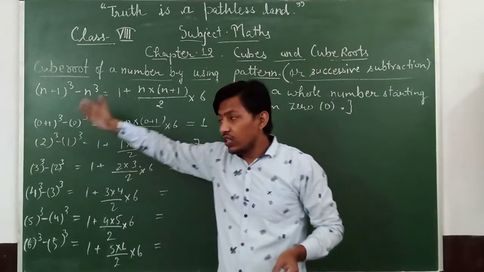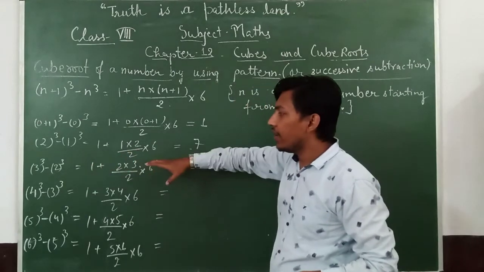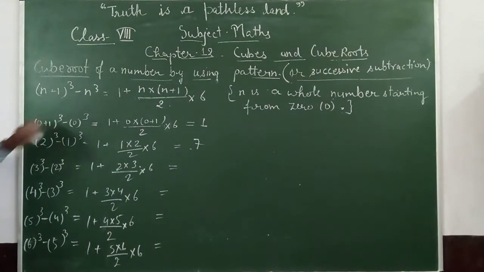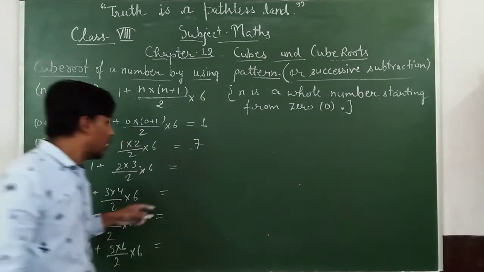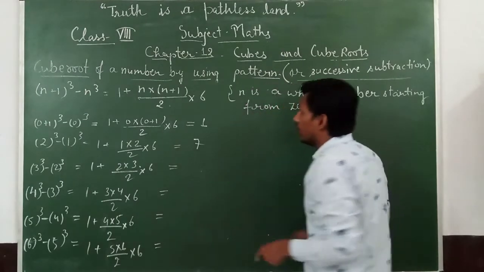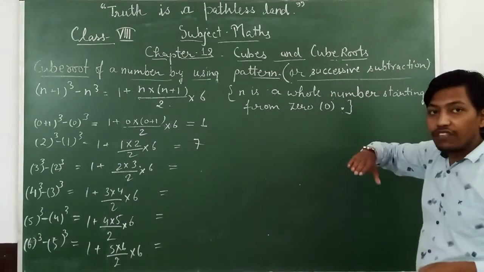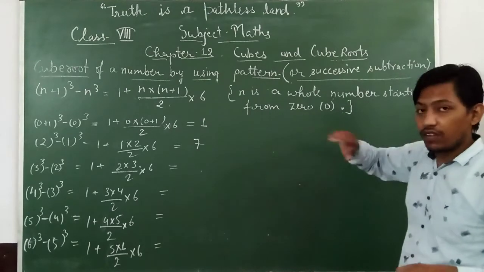We will do the similar process, increasing the number according to the formula. We increase the value of n one by one in successive order, and we will continue this process until the number we subtract from the cube gives 0.